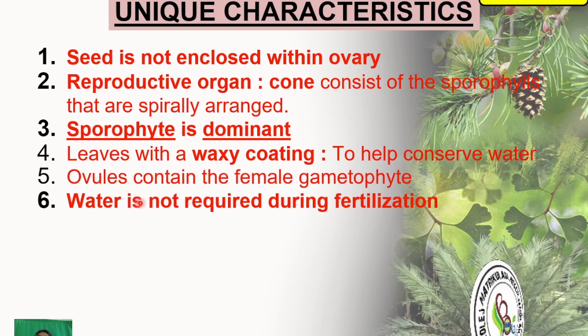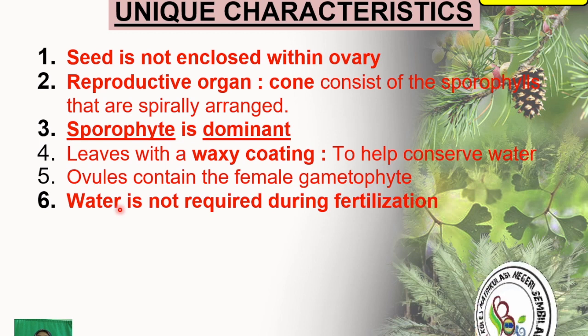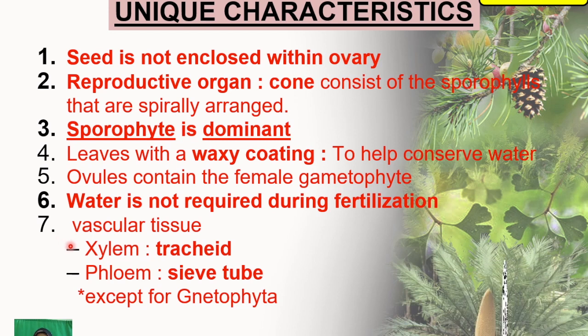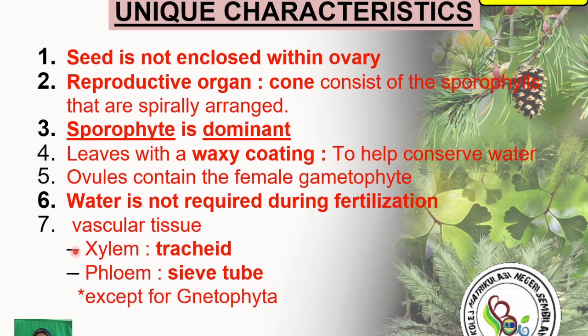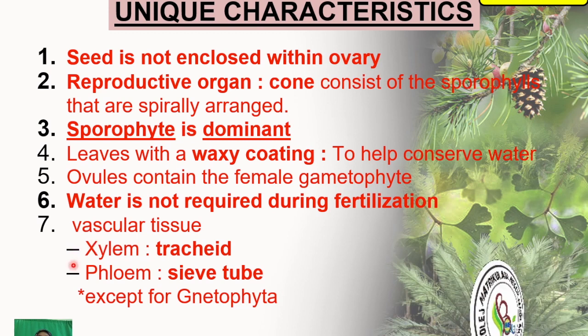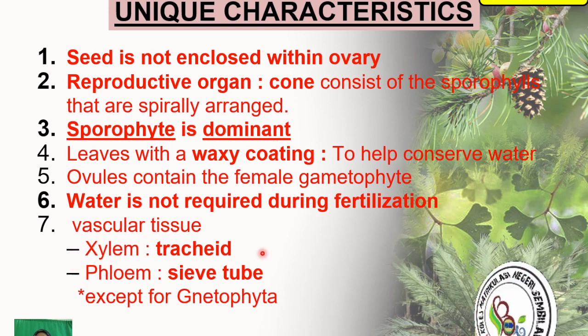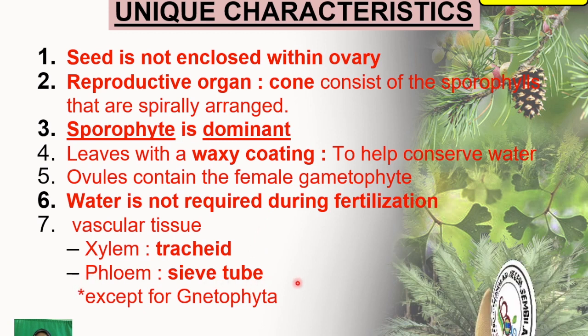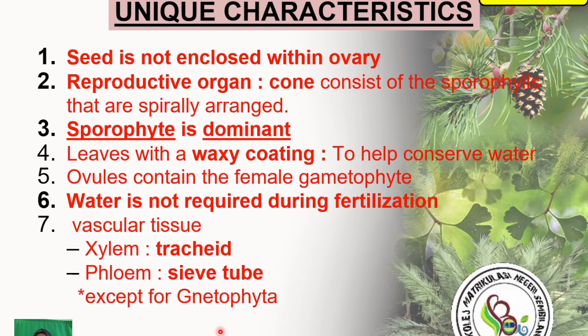The ovule contains the female gametophyte. Number 6, water is not required during fertilization. This group is more advanced compared to Pteridophyte, where the vascular tissue shows xylem as tracheids and the phloem tissue having sieve tubes, except for Gnetophyta.